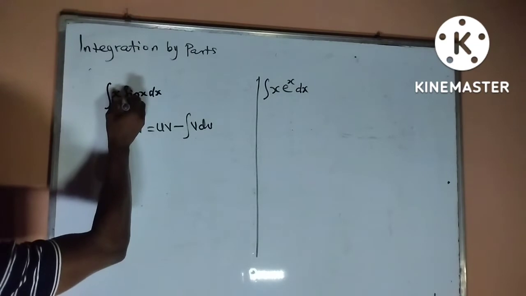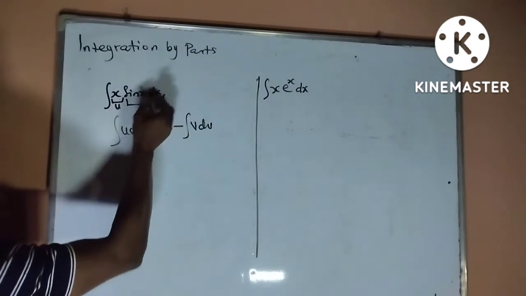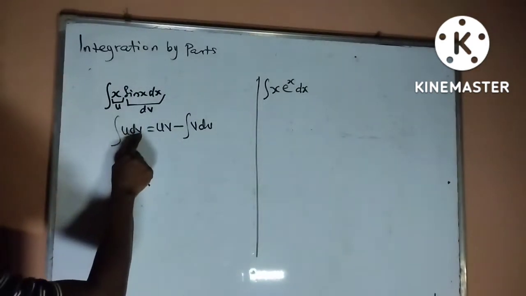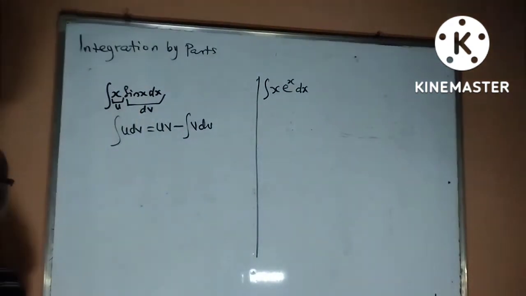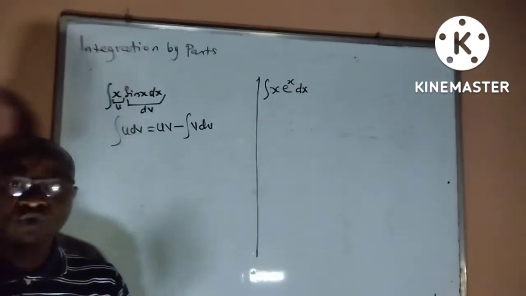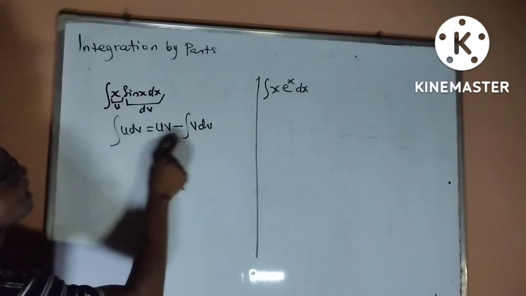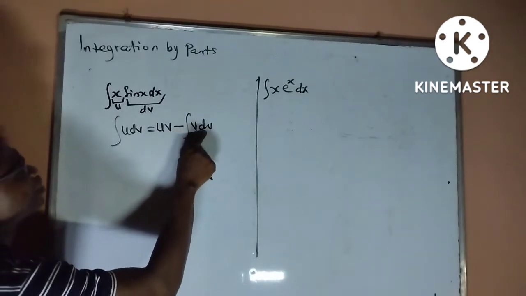Let x be u, and let sine x dx be my dv. So u dv is this. The function is separated into two parts, and it is given by the formula uv minus the integral of v du.